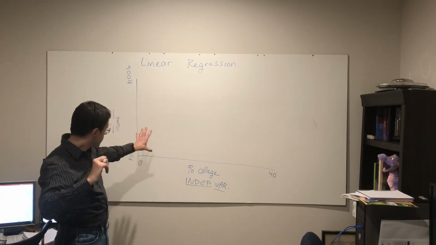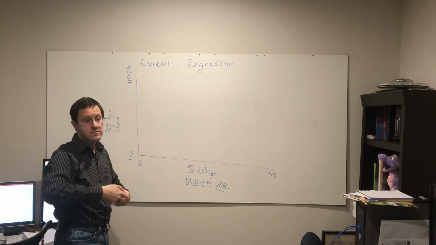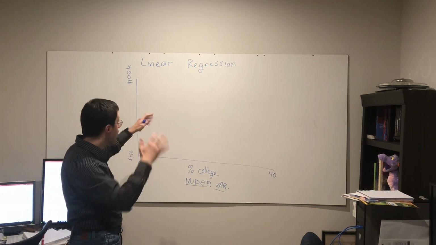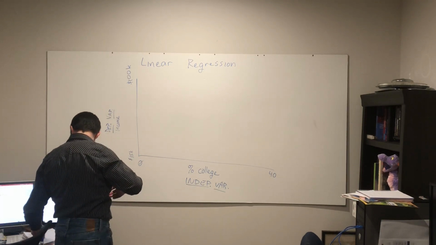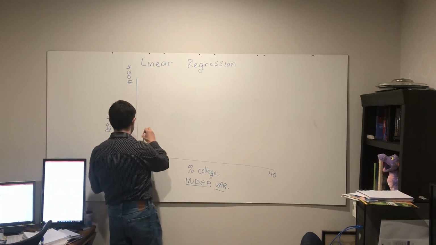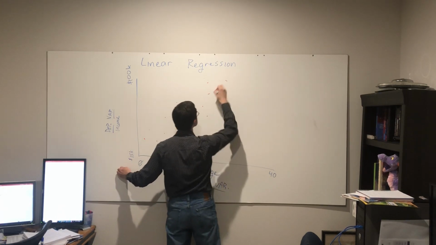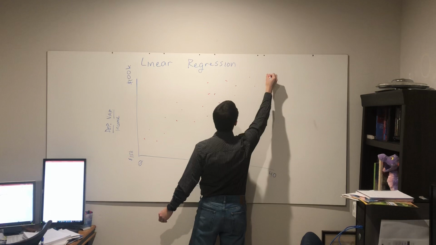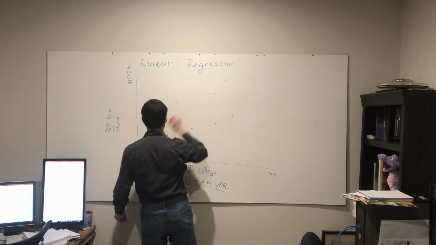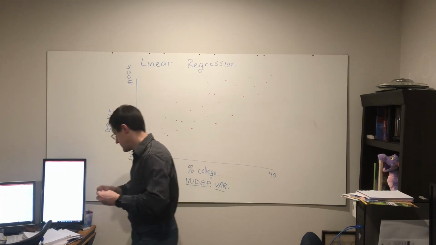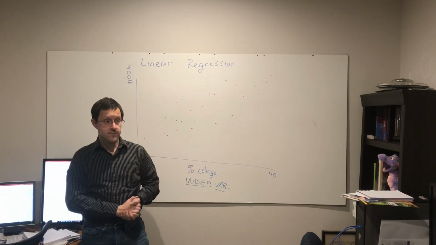What this starts with are the points. For each county, where in this scatter plot would it lie? So we have our points.